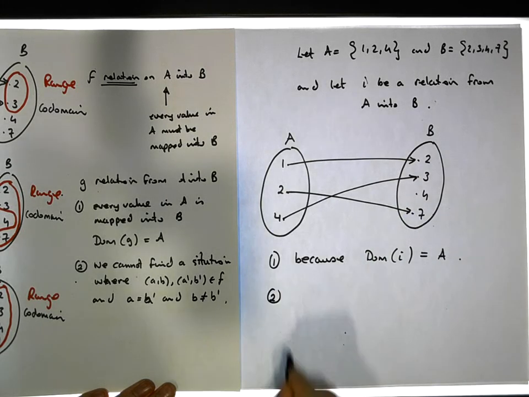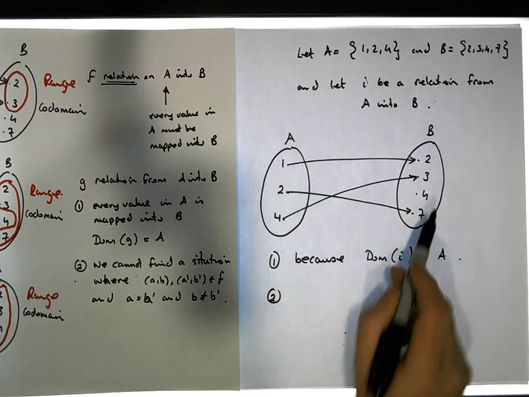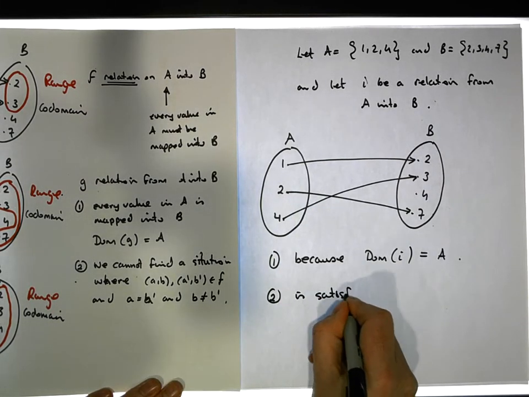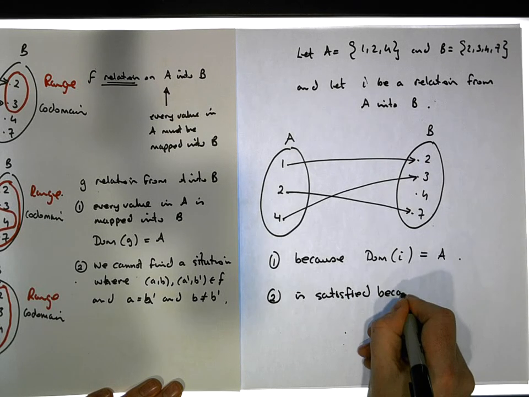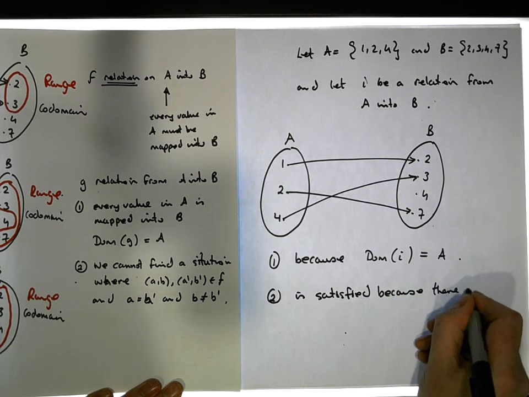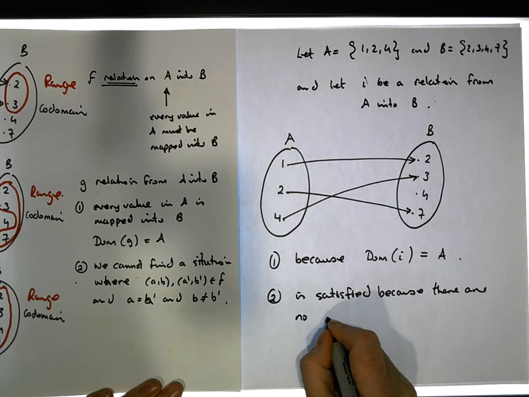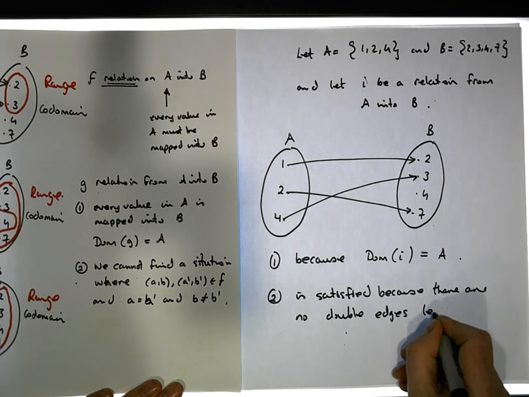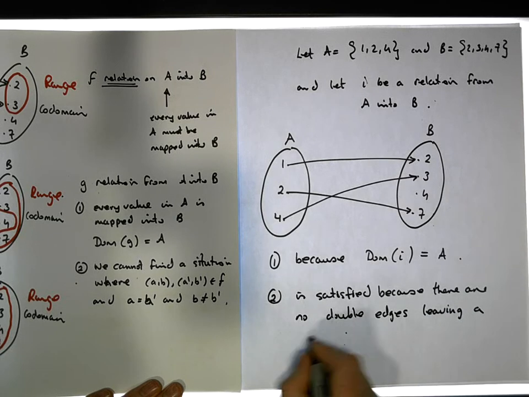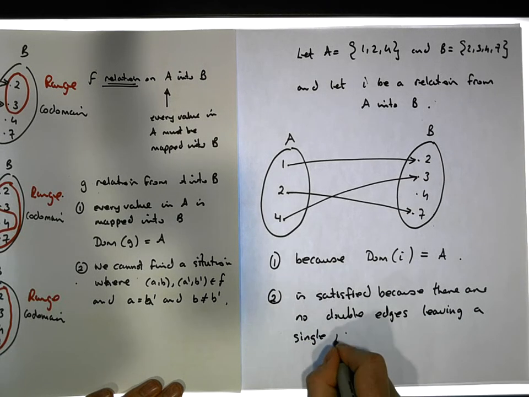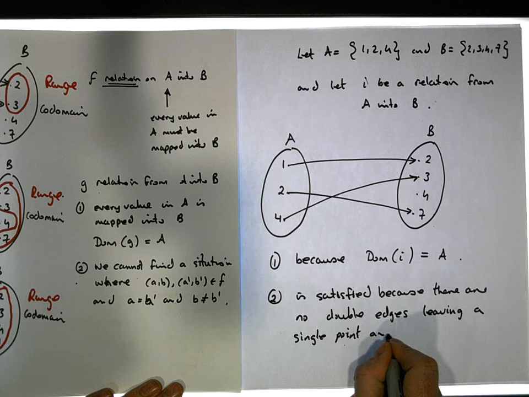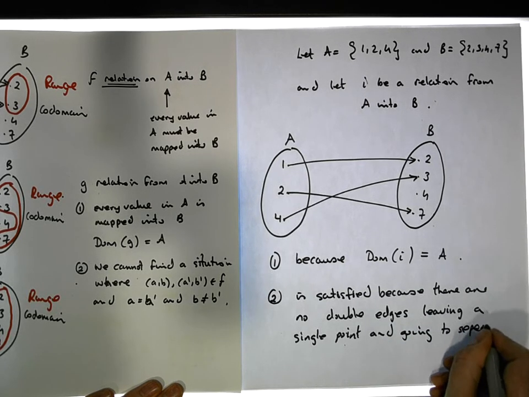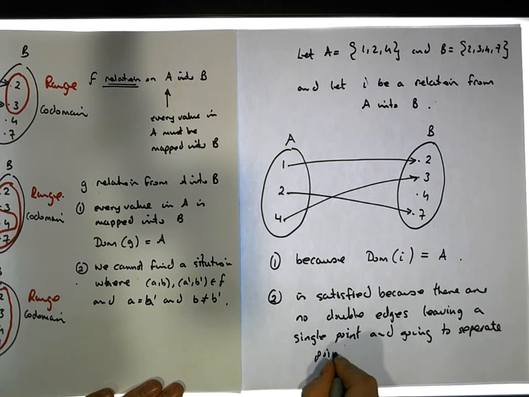The second condition is also satisfied, because there are no double edges leaving a single point and going to separate points. We can't find any of them, so this is a well-defined function.